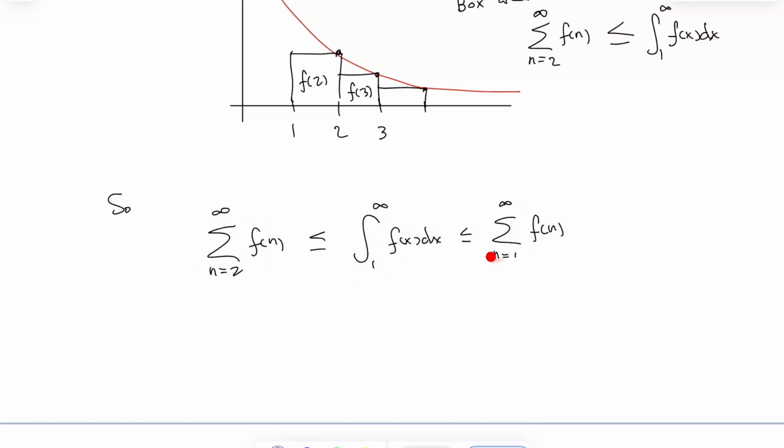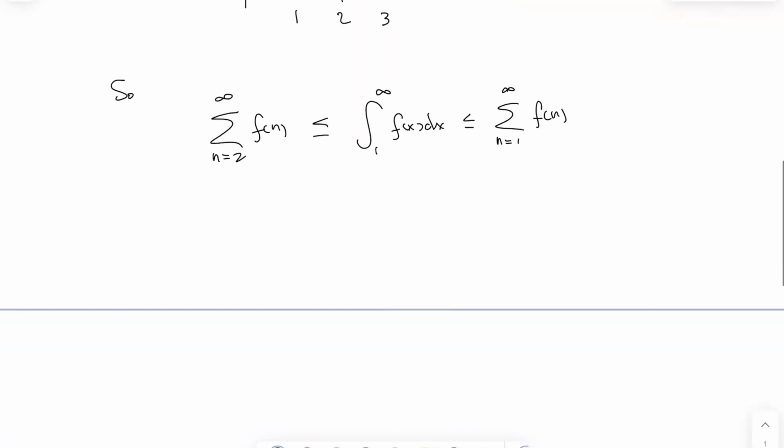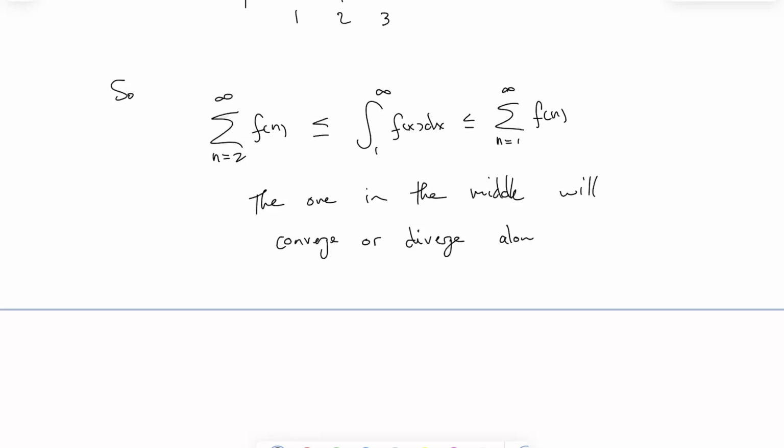The idea is, if this is going to infinity and this is also going to infinity and this is in between them, then it also has to go to infinity. And if these two things converge, then this one also must converge. And this is the integral test. So the idea here is the one in the middle will converge or diverge along with the others.